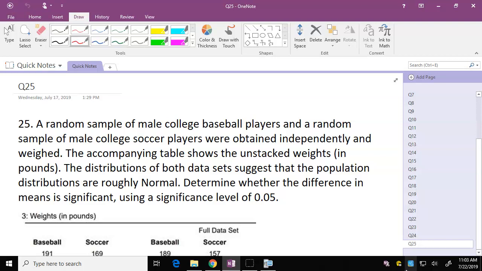The distribution of both data sets suggests that the population distributions are roughly normal. Determine if the difference in means is significant, using a significance level of 0.05. Let mu baseball be the population mean weight of college male baseball players. Let mu soccer be the population mean weight in pounds of college male soccer players. Determine the hypothesis test for this, and then we'll start going through everything else.